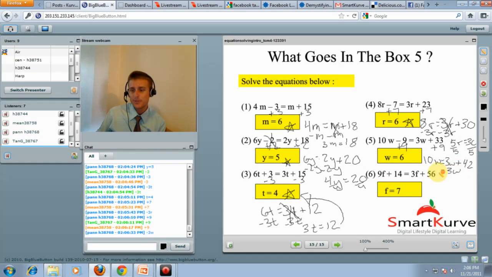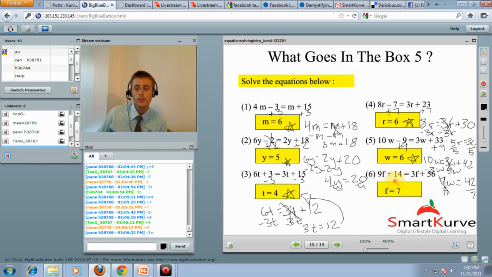Minus 3w. 10w minus 3w, 7w, equals 42. These 3w's cross out. 7w equals 42. Again, we're going to divide each side by the 7. 7 divided by 7 crosses out. 42 divided by 7 is 6. W is 6.